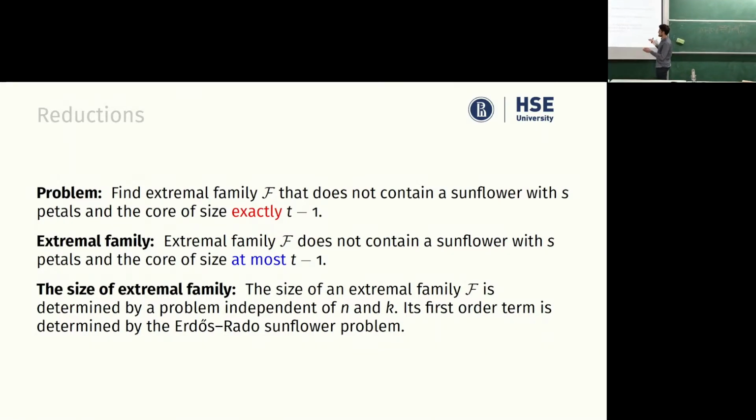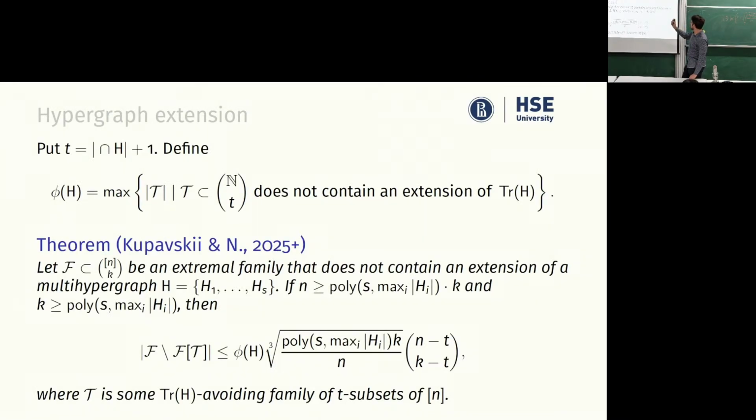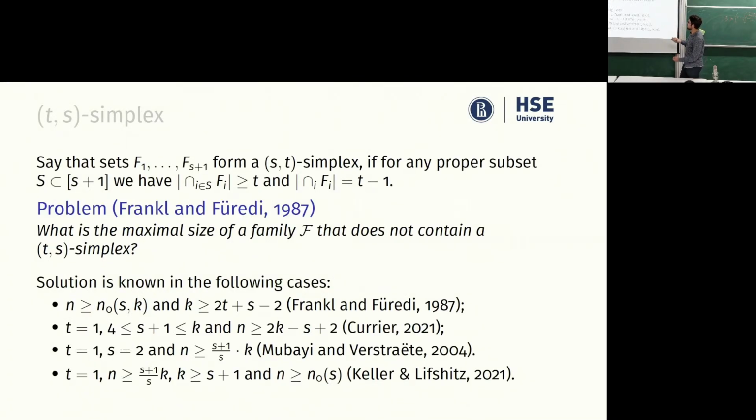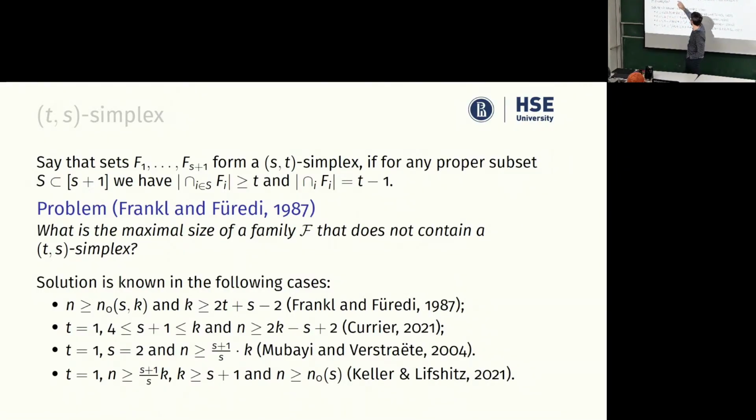Another example. I would just like to highlight that these observations are general for hypergraph Turan-type problems, and except for the Erdős-Sós forbidden intersection problem or the hypergraph extension problem, it can be generalized further. For example, consider the t-s simplex problem. This is a problem that generalizes the Erdős-Sós simplex conjecture. For the case t minus 1, it's the Erdős-Sós simplex conjecture, but for arbitrary t, this problem is due to Frankl and Füredi.